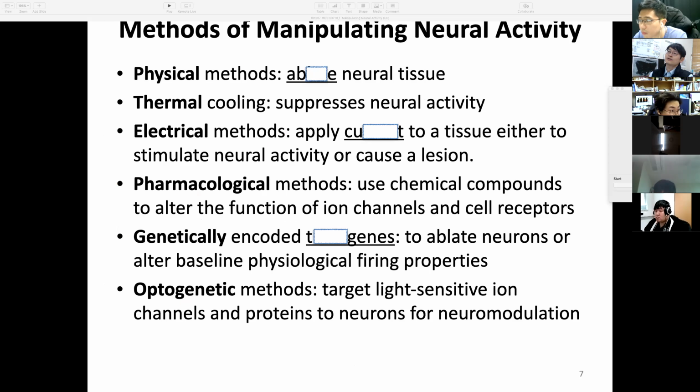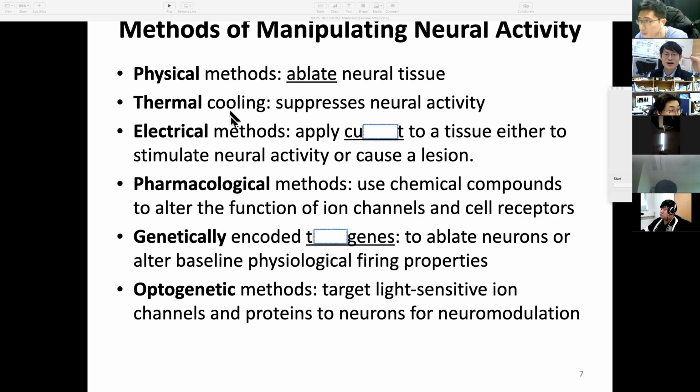All right, so now let's go back to methods of manipulating neural activity. The physical method is basically to ablate neural tissue. Another physical, mechanical method is thermal cooling, okay? You can control the temperature of the nervous system, and thereby control neural activity.